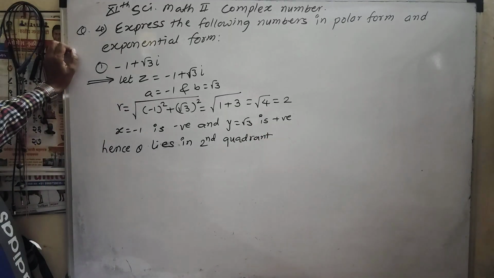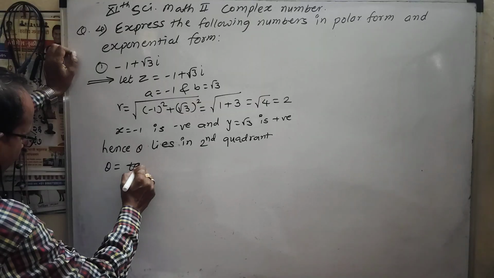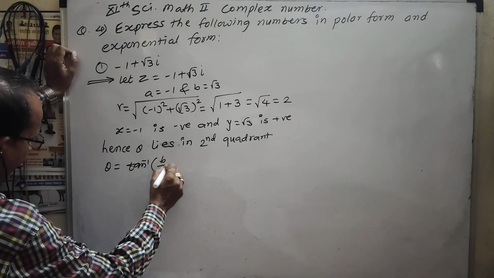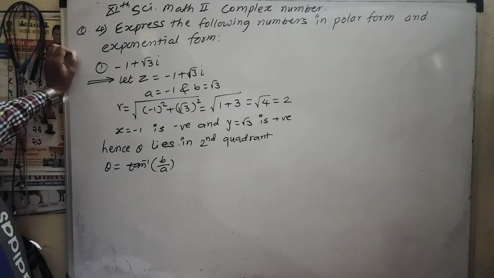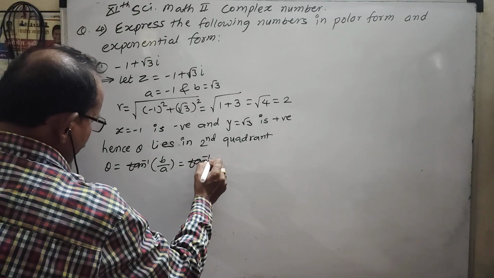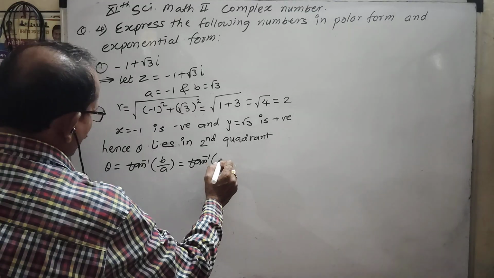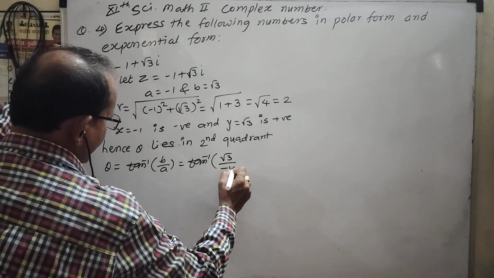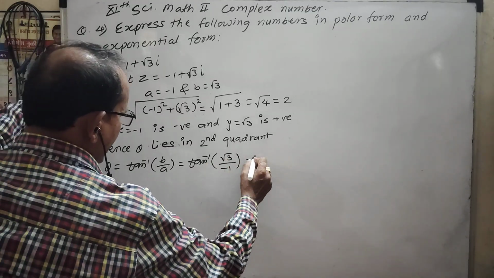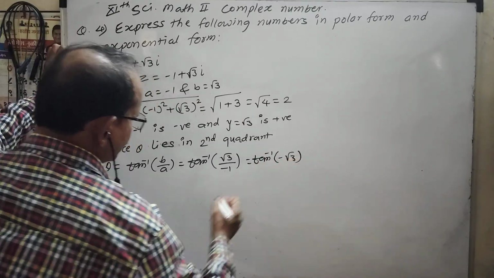Therefore theta is equal to tan inverse of b by a. This is tan inverse of root 3 upon minus 1, which is tan inverse of minus root 3.